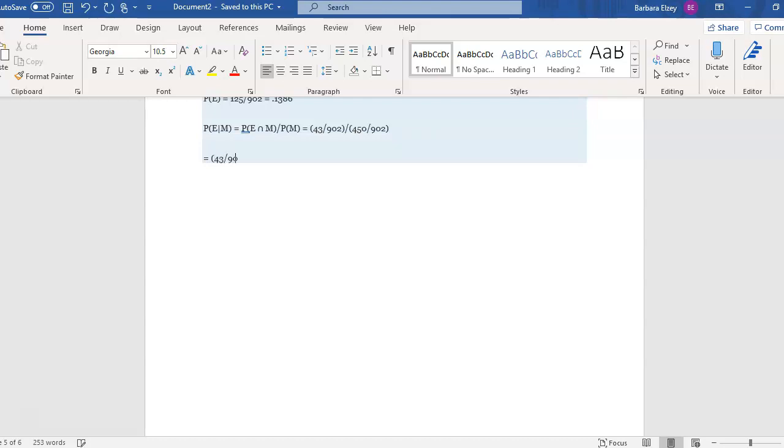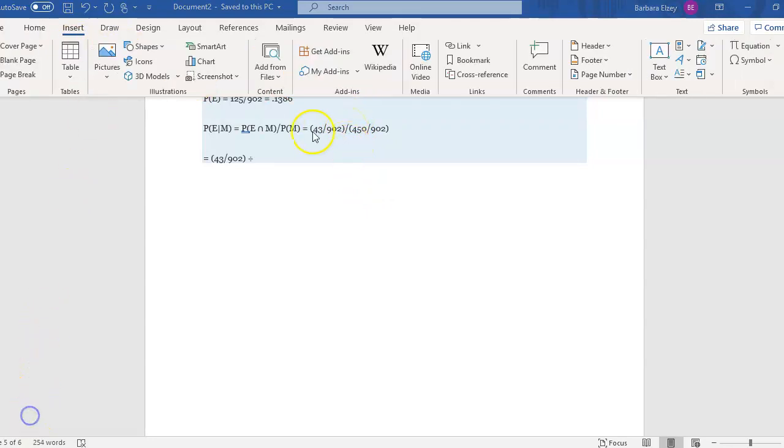Recall from years ago when we were doing division of fractions, this fraction bar right here is really a division symbol. So 43 over 902 divided by 450 over 902.